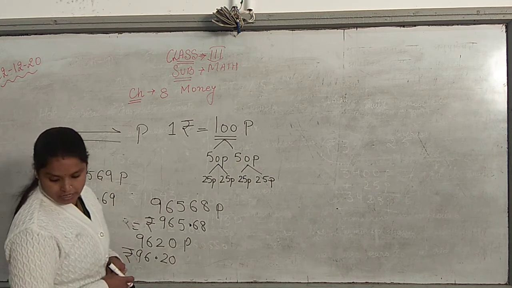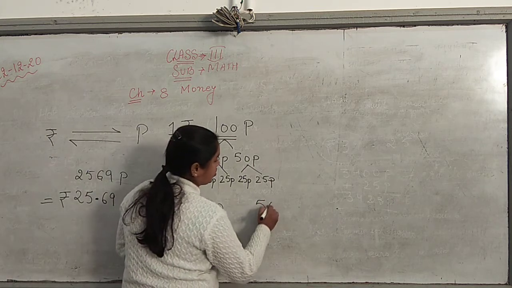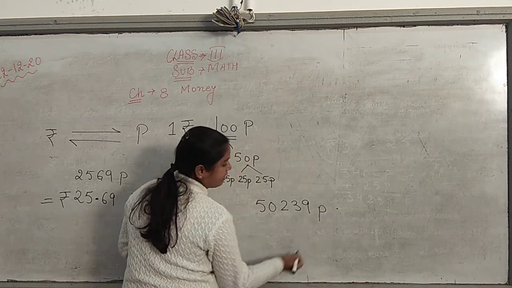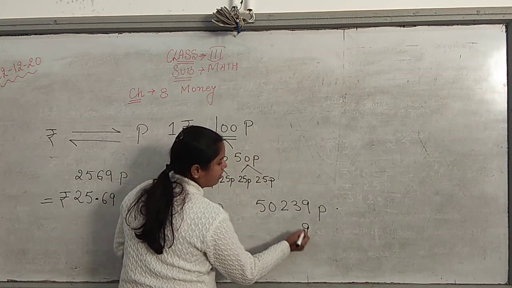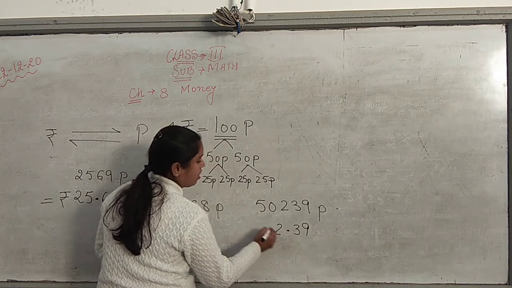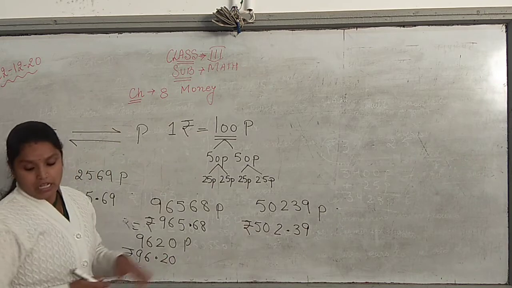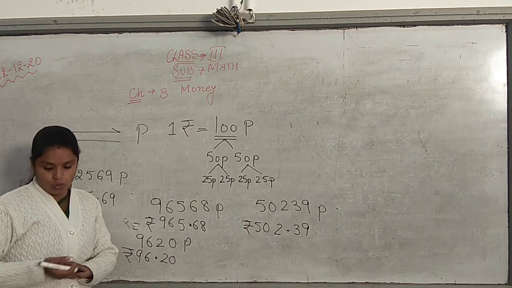Done. Again, 50,239 paise. Count from the right hand side. 1, 2, dot, and rest digits same. It is now in rupees. This is how you will do question number 2.